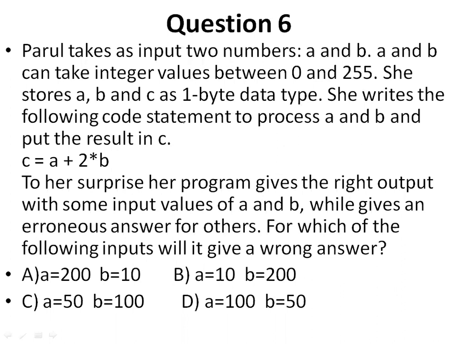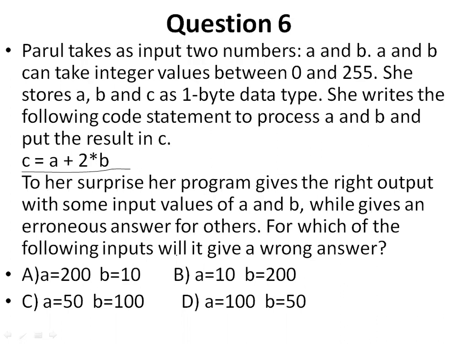She writes the following code statement to process A and B and put the result in C: C = A + 2 * B. To her surprise, her program gives the right output with some input values of A and B, while giving an erroneous answer for others.